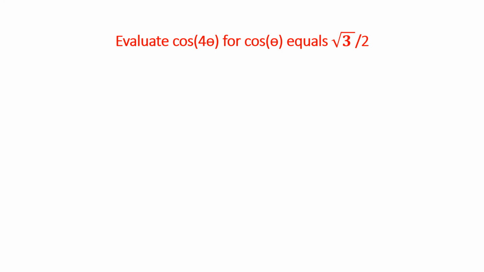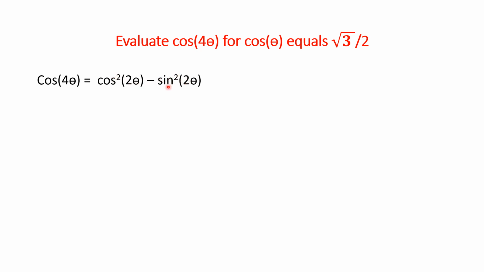The next question is about evaluating cosine 4 theta, where cosine theta equals square root of 3 divided by 2. To start with, we're going to expand cosine 4 theta. It's going to be equal to cosine squared of 2 theta minus sine squared of 2 theta.